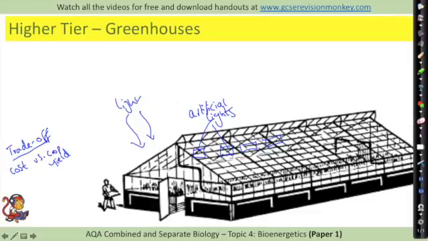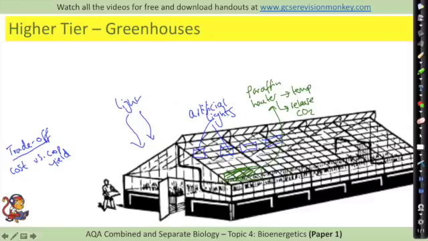You can also help to heat your greenhouse, especially important in the winter, if you were to put a special heater inside called a paraffin heater. And this does two things. It will help maintain the optimum temperature for you, which is important, but the paraffin heaters also release CO2, so they'll help optimise the CO2 levels inside the greenhouse for photosynthesis.